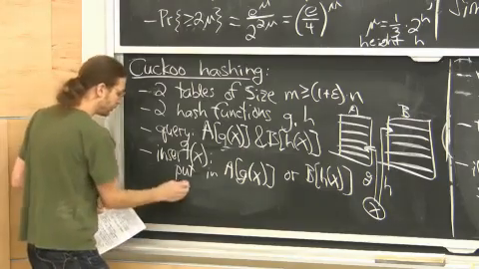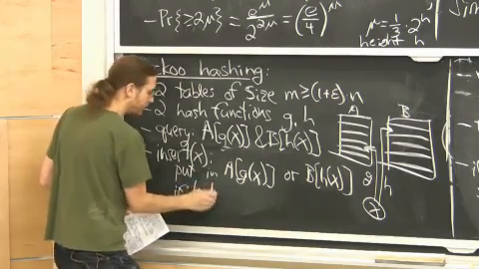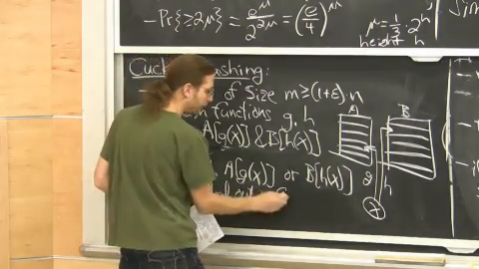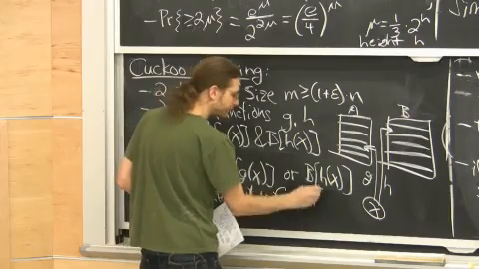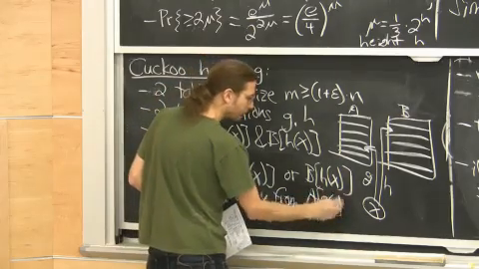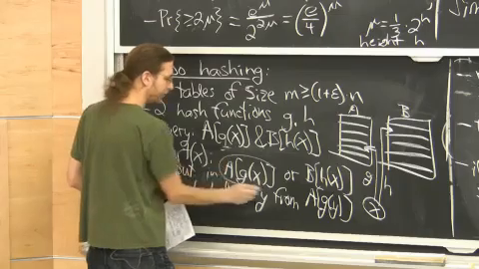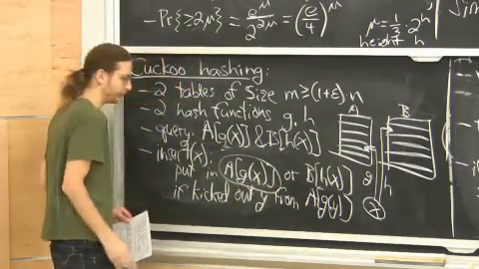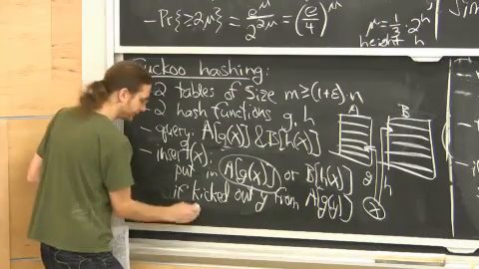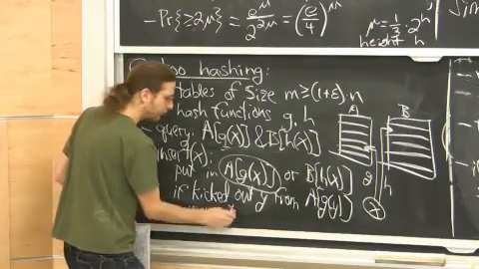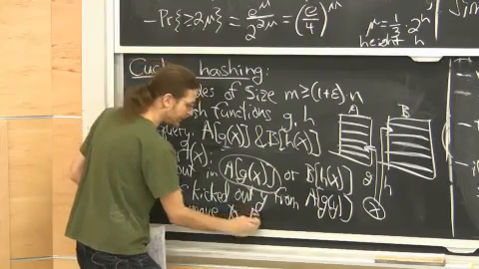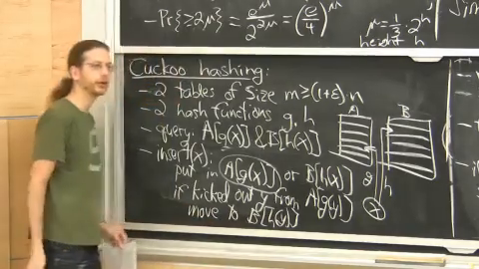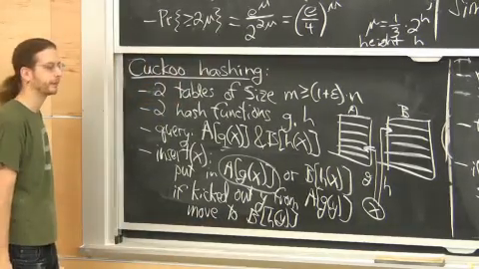So let's say you kicked out Y from its A slot, so we ended up putting X in this one, and so we end up kicking Y from wherever it belonged, then you move it to B of H of Y. There's only one other place that that item can go, so you put it there instead.